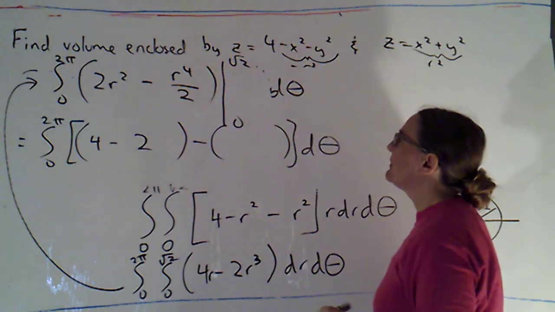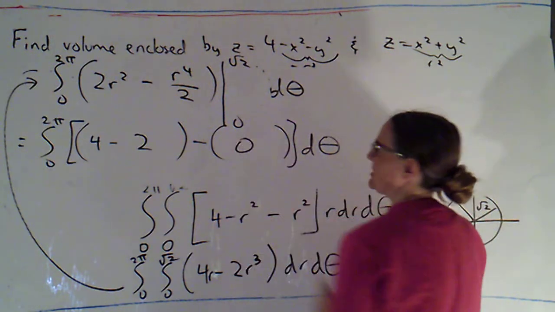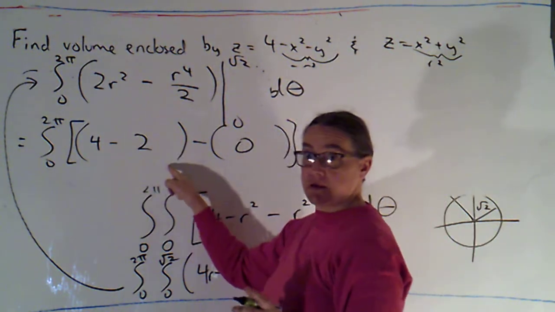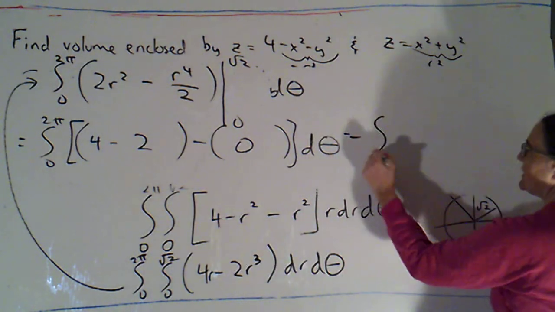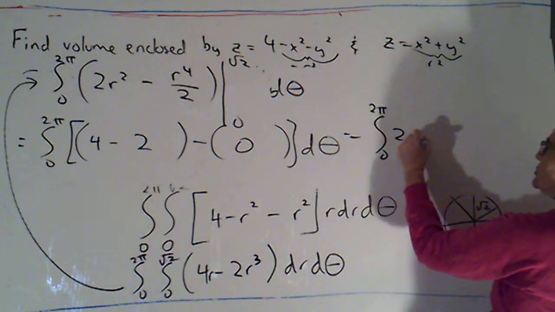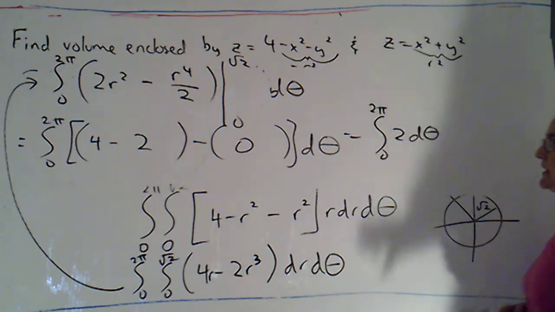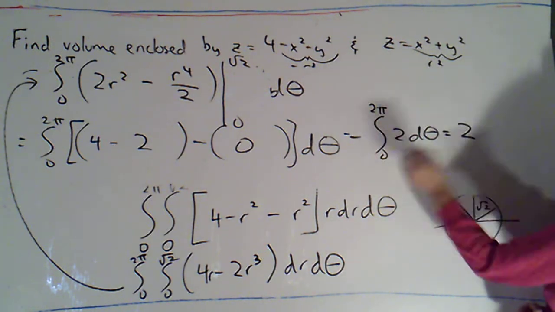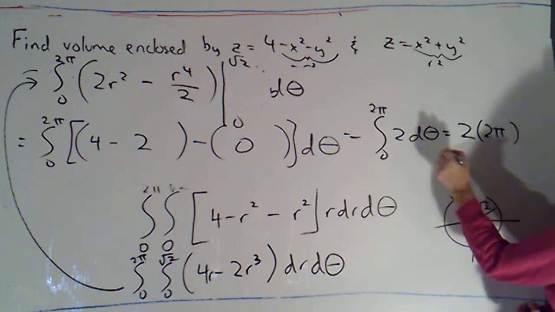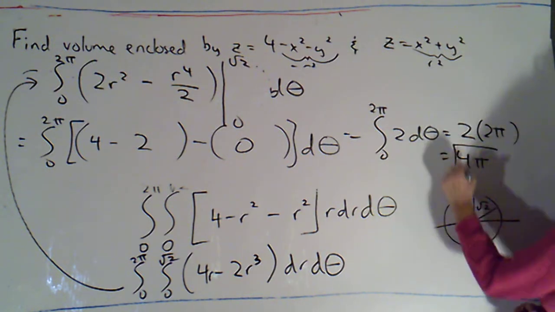Okay, and when I plug in 0, I just get 0. 4 minus 2 is usually 2. So I've got the integral from 0 to 2 pi of 2 d theta. Since I'm just integrating a constant, I get that constant times the length of this interval, which is 2 pi, and so I get 4 pi.